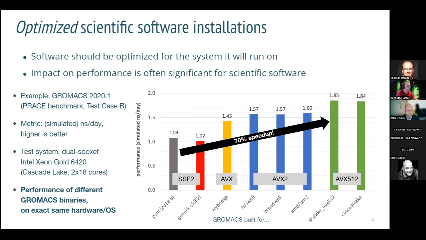The graph here gives you an example of that, for GROMACS. It's an older version of GROMACS now, but the principle is the same today as when the graph was generated. With GROMACS you can measure performance in the number of nanoseconds you can simulate per day, so higher is better here. This was a Cascade Lake system with 36 cores.